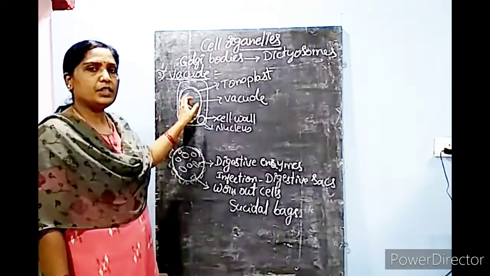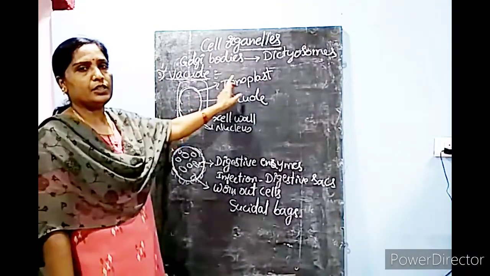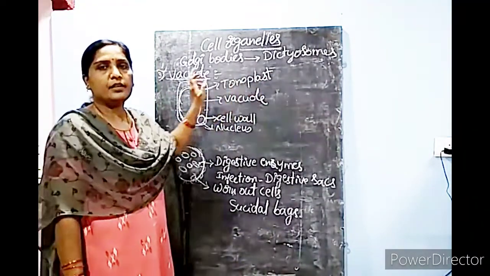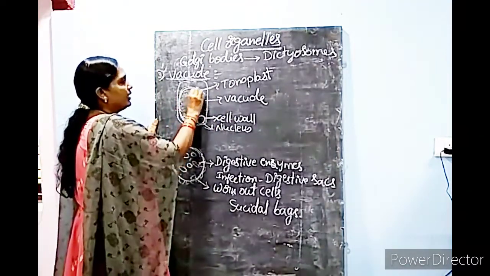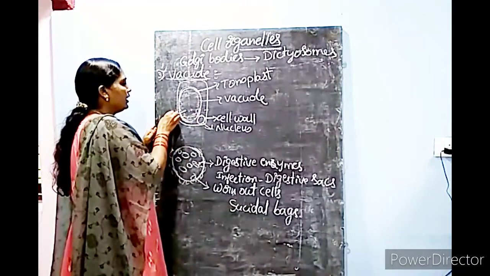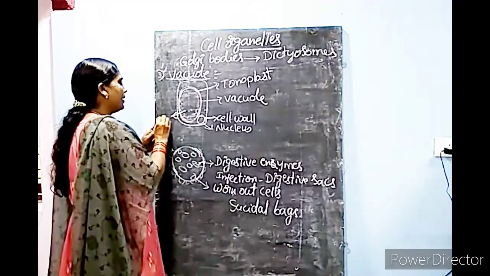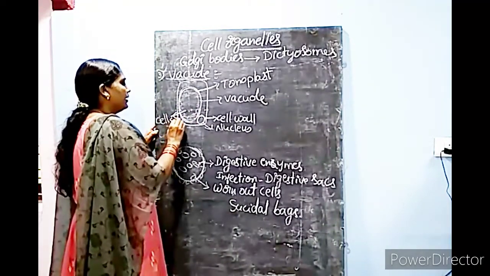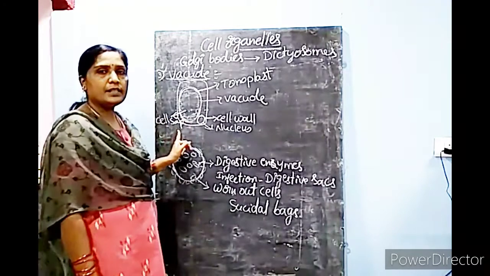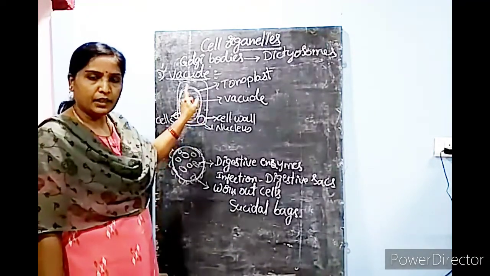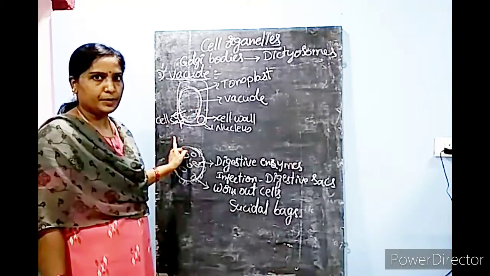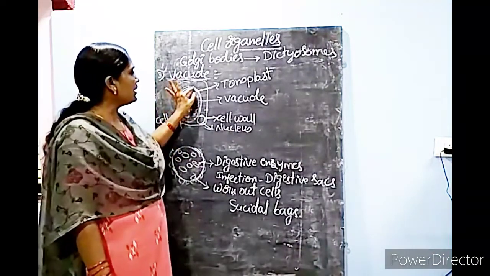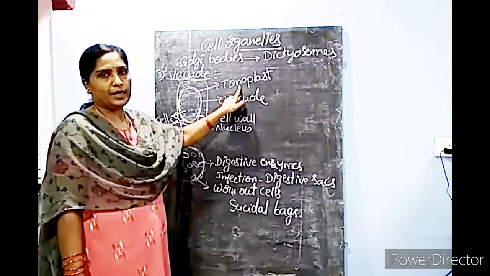The membrane surrounding the vacuole is known as tonoplast, and the liquid present inside the vacuole is known as cell sap. Cell sap is present inside the tonoplast, inside the vacuole. So this vacuole is surrounded by tonoplast.